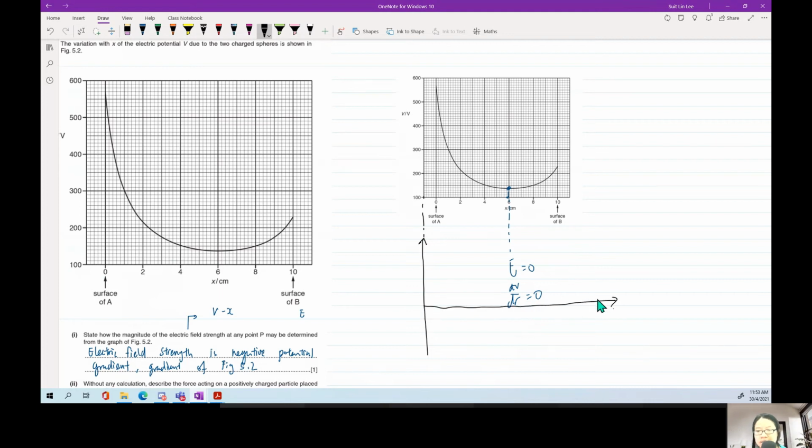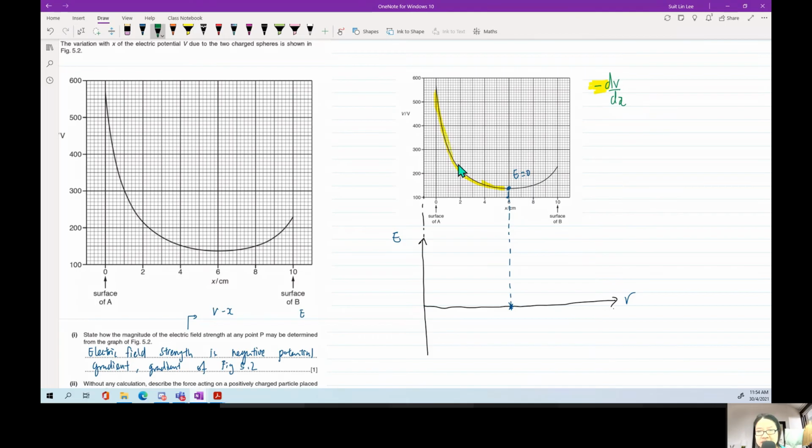E equals 0 here. Dot, dot, dot, dot, dot. So here is where your E graph will cut the x-axis. This section here is negative gradient. I write here, this part here, negative dV/dx.